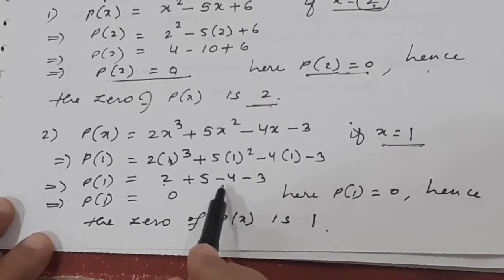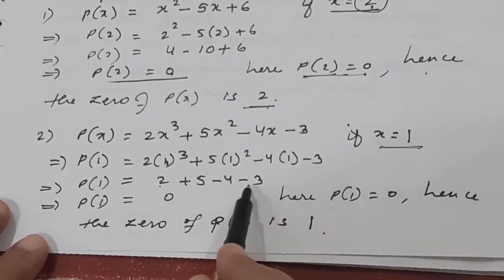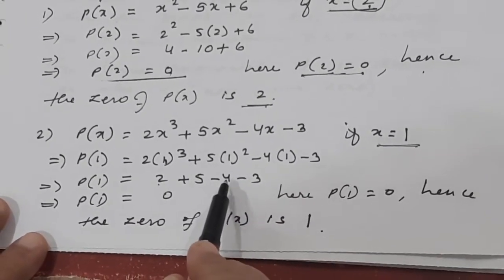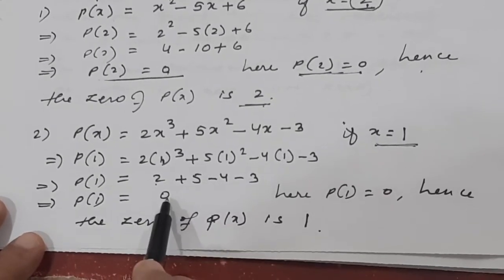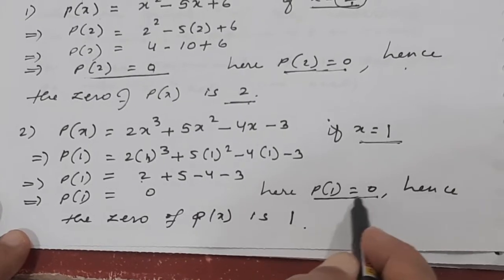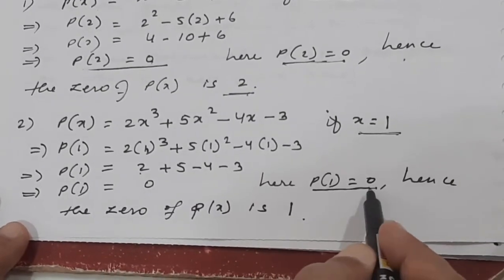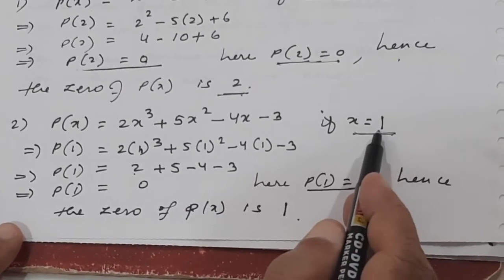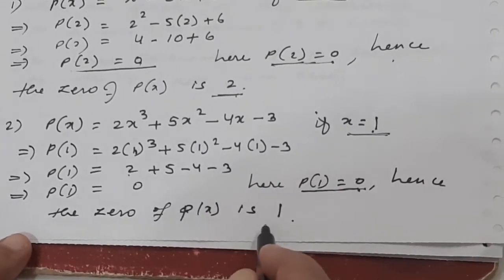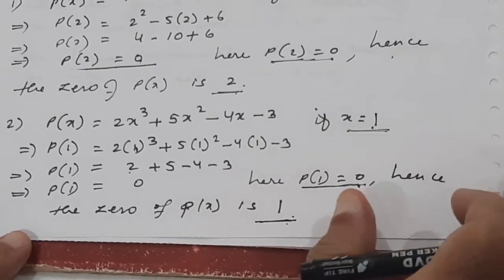Minus 4 into 1, minus 4, and minus 3. 2 plus 5, 7. 7 minus 4, 3. 3 minus 3, 0. Hence p of 1 is equal to 0. The value of the polynomial becomes 0 when x is equal to 1. So 1 is the 0. So the 0 of the polynomial is 1.